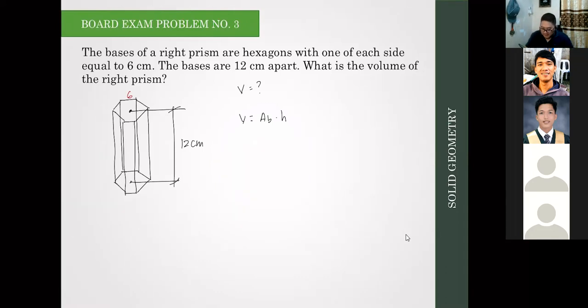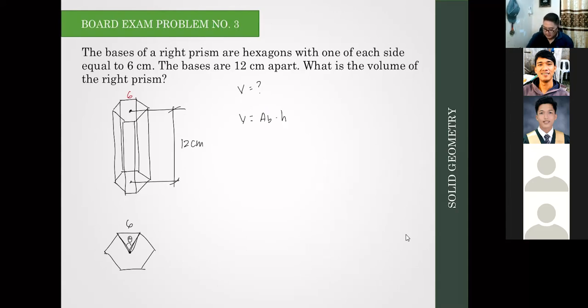Okay. I-isolate natin. Drawing tayo ng hexagon. Okay? So, meron tayong 6. So, ano yung pwede nating mas calculate kapag hexagon yung pinag-uusapan natin or kapag shape ng base. Kailangan kunin natin yung theta. Okay?